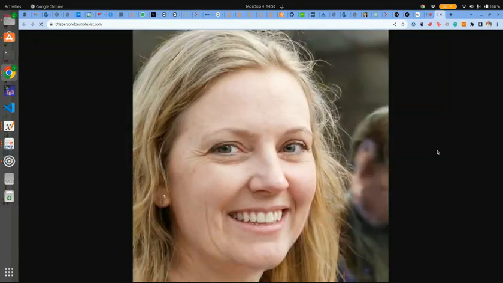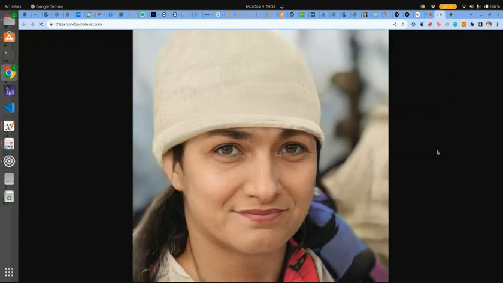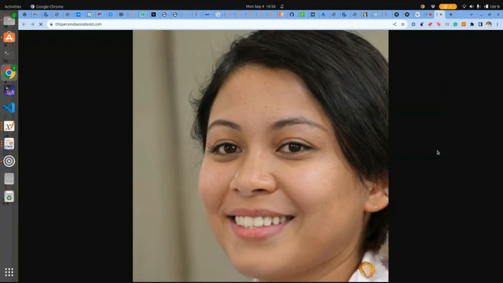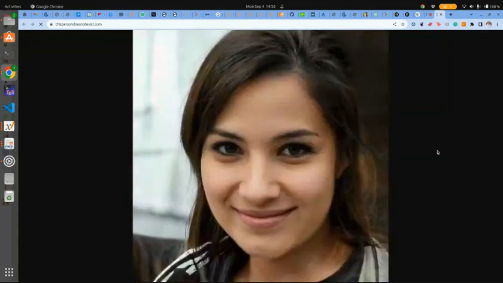And you can see the details. Okay, I repeat, this kind of images are generated. They are not taken from a data set of pictures of real persons. Behind this, there is a neural network that has been trained to reproduce images that look like faces of real persons.